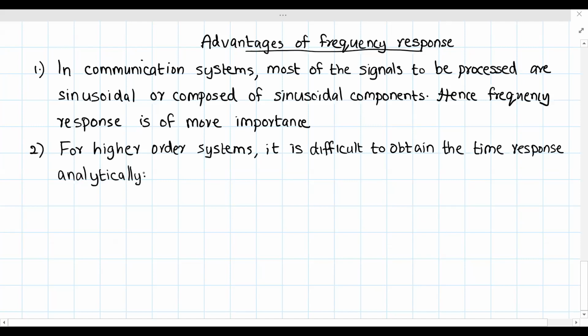Okay, for lower order systems, time response will be comfortable. But as the order of the system increases, it is very difficult to obtain what the time response will be.